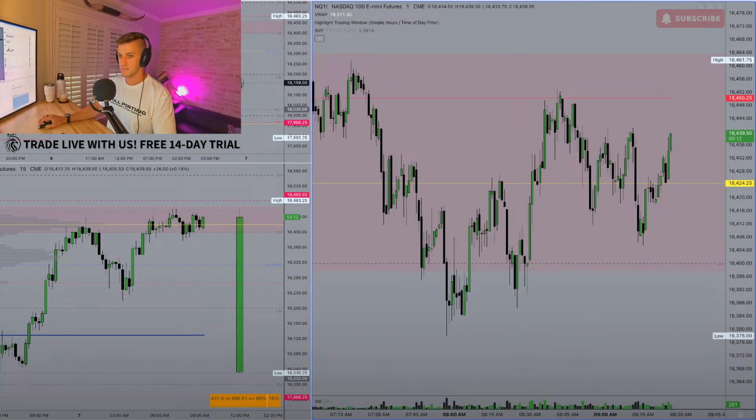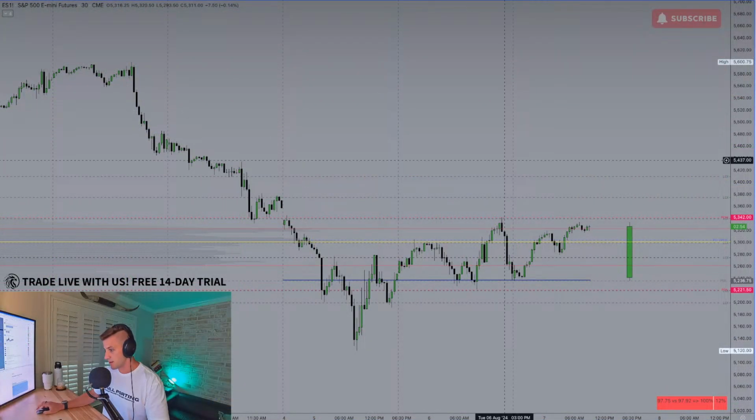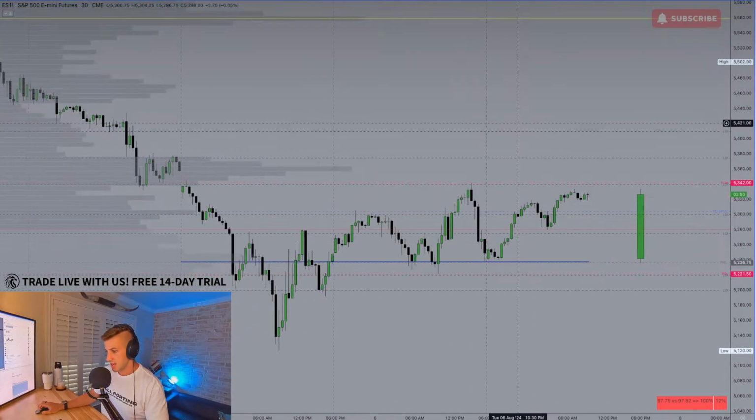All right, so this morning, let me clear some of these windows off of my screen. There we go. And let's actually jump to the structure. So this morning we're looking at prior day high on both ES and NQ.